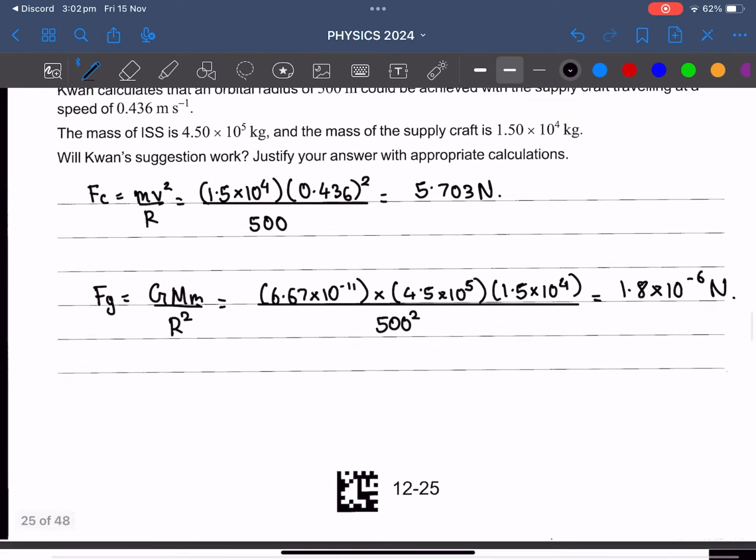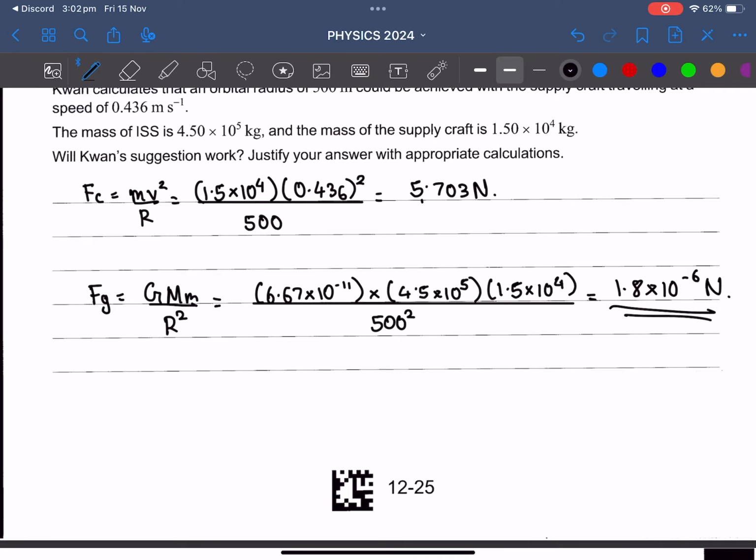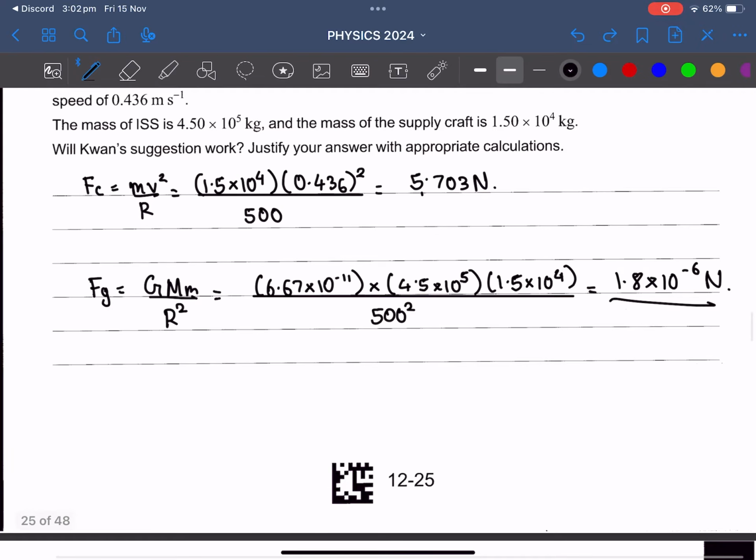Obviously the required centripetal force is much higher than the gravitational attraction. So since Fc is greater than Fg, Kawan's suggestion will not work.